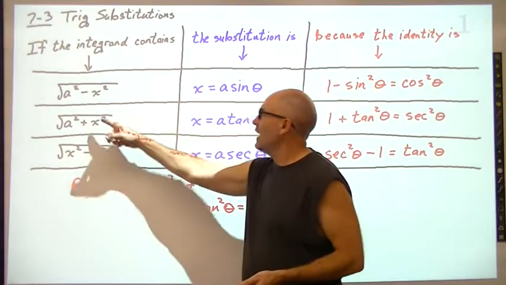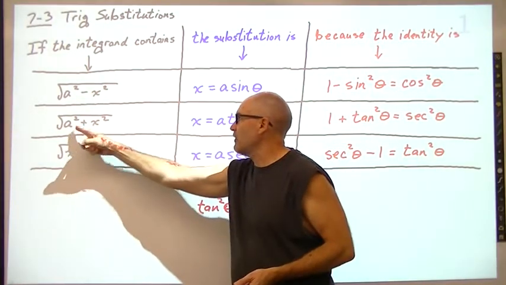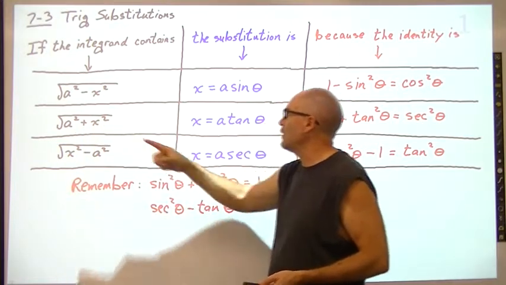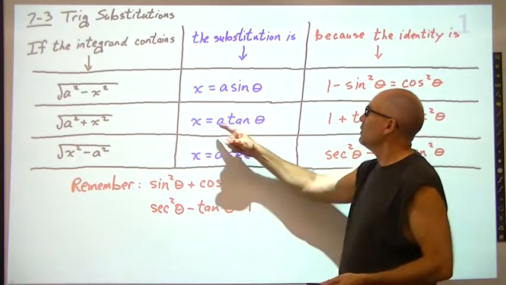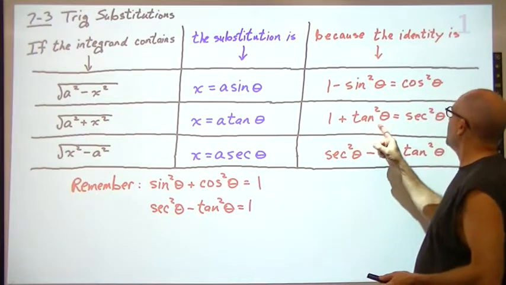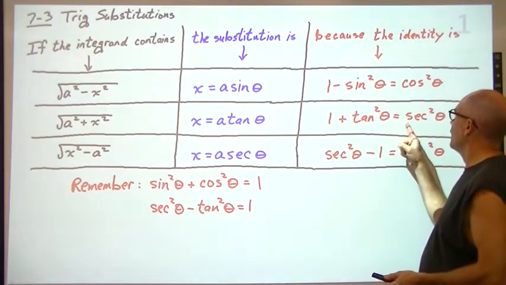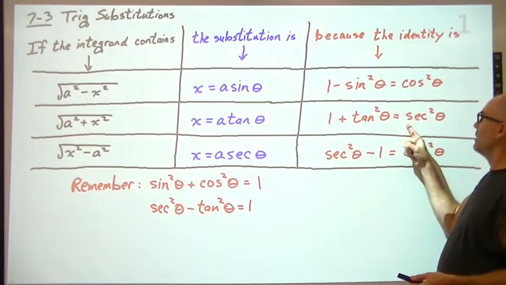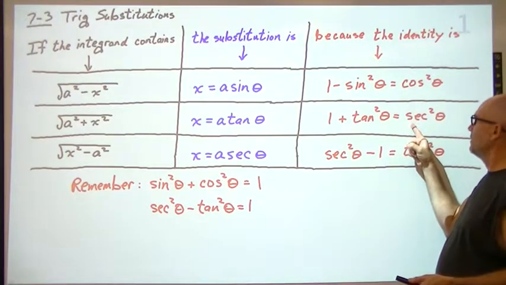If you have, instead of a squared minus x squared, a squared plus x squared under the radical, then you're going to use x equals a tangent theta, because you want to take advantage of this trigonometric identity.